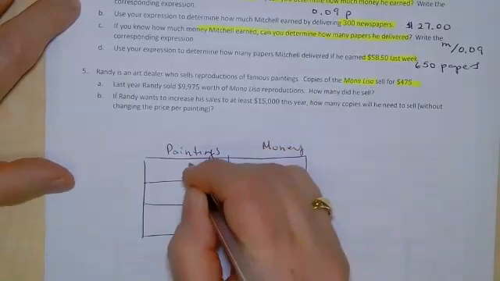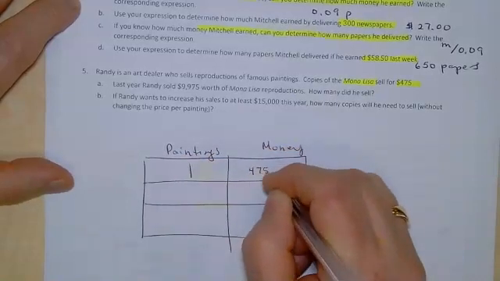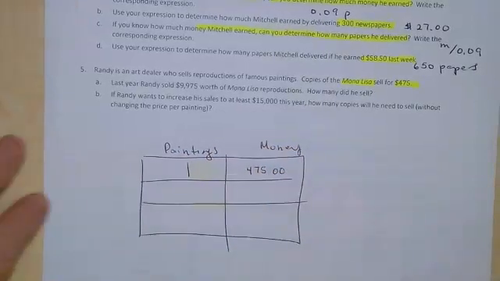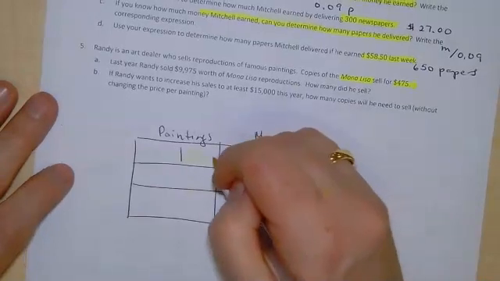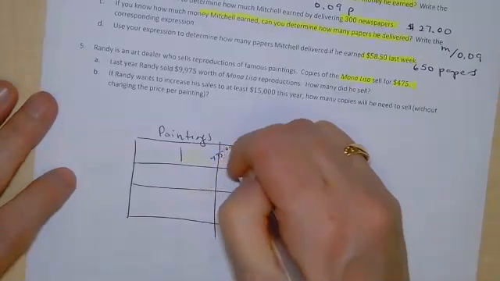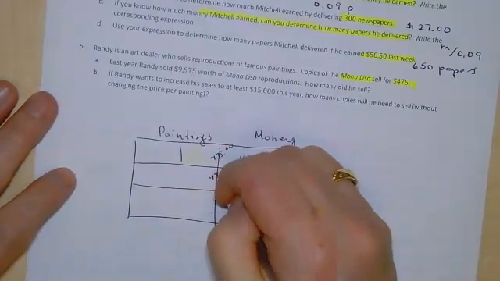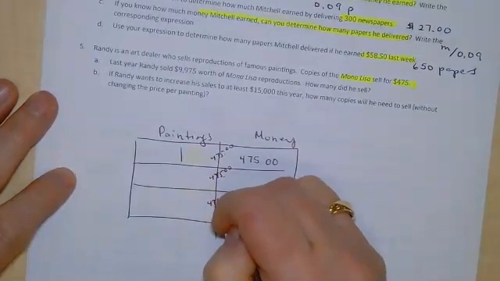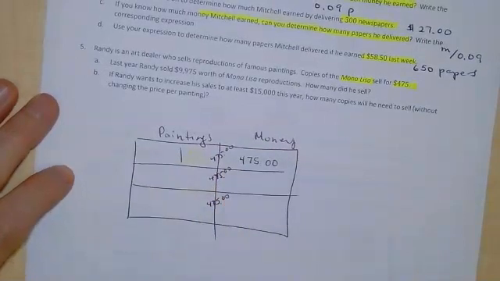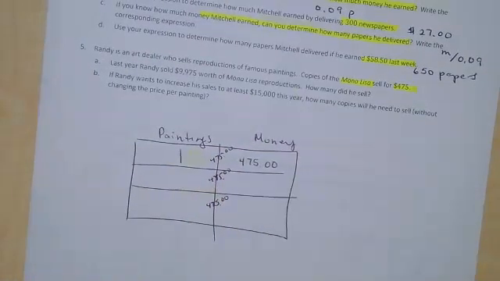And I know if I sell one, I get $475, right? So we got that set up. We're going to put our $475 in the middle. And I think we're ready to start answering these last 2 questions.